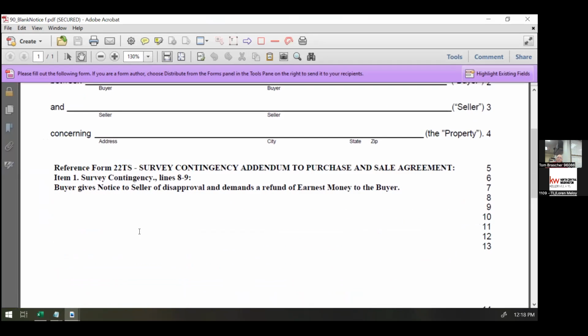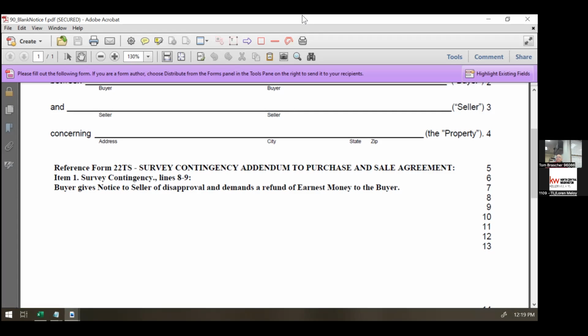And when you put that in there, you reference Form 22TS, Survey Contingency Addendum to the Purchase and Sale Agreement, Item 1, Survey Contingency, lines 8 and 9. Buyer gives notice to seller of disapproval and demand of refund of earnest money to the buyer. And that's what you do.